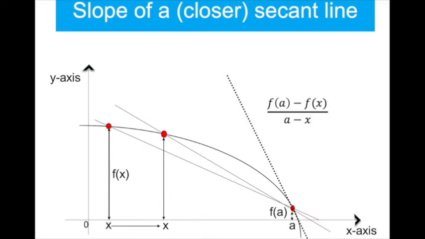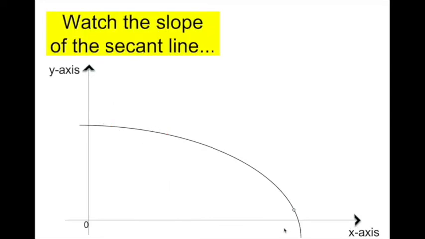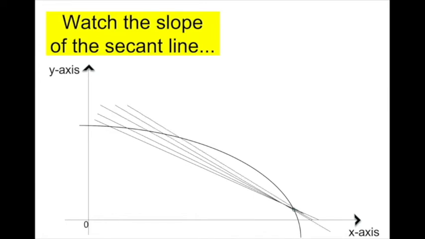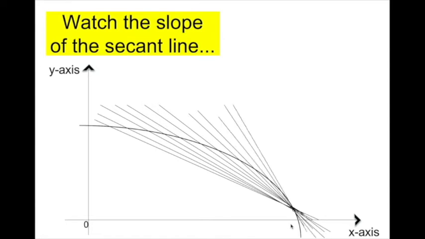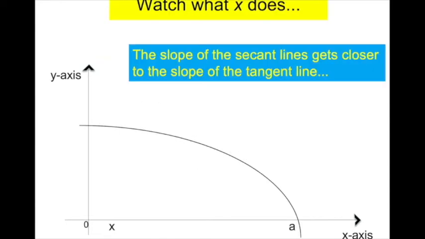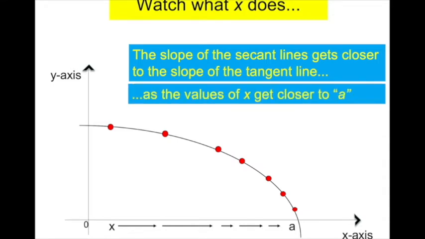Now let's see what happens if we bring x a lot more closer and closer to A. See what happens when we bring x closer and closer to A. The secant line becomes closer and closer to the tangent line. That means that, consequently, the slope of the secant line becomes closer and closer to the slope of the tangent line as x becomes closer to A.